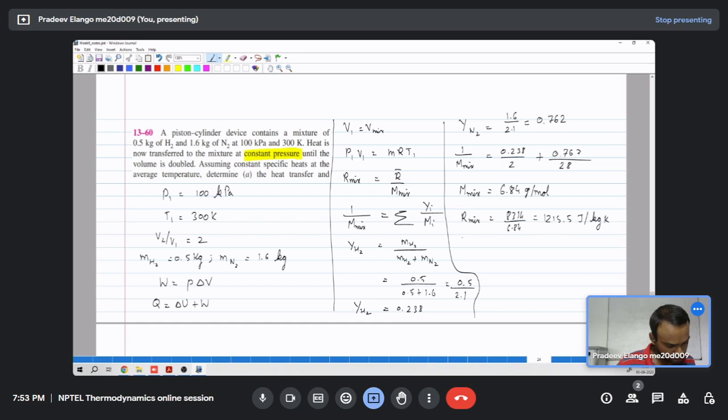V1 can be calculated. That is V1 equals m of the mixture into R of the mixture into T1 divided by P1. The mass of the mixture is 2.1 into 1215.5 into the temperature at state 1, 300 Kelvin, divided by pressure 1, that is 100 kilopascal.